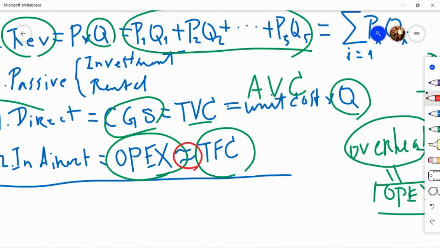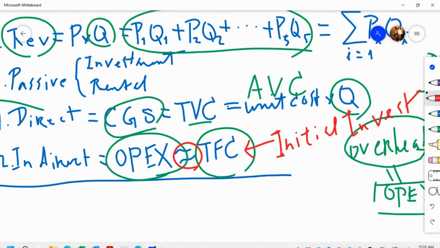It's not an equal sign. It's two waves, approximately equal to, not exactly equal to. Why? It's because total fixed cost in microeconomics focuses more on the initial investment. I'm going to come back to this quickly later.